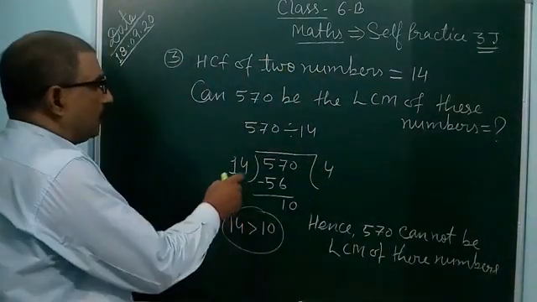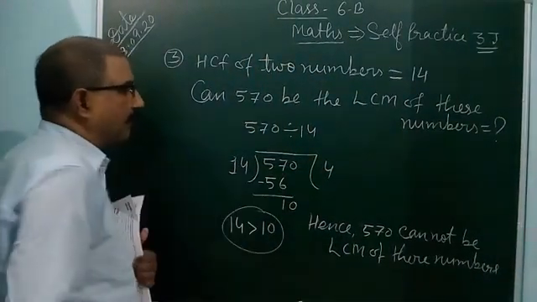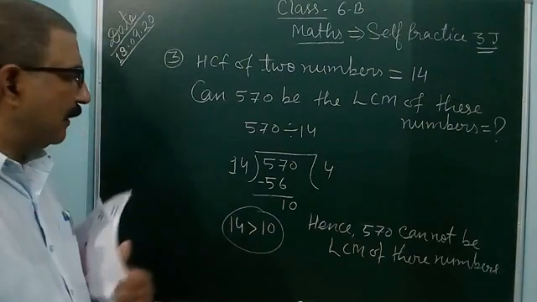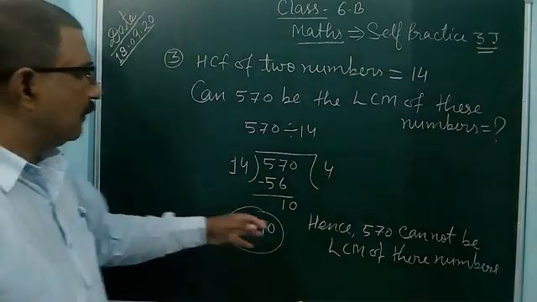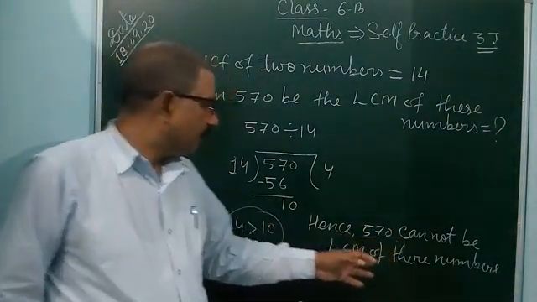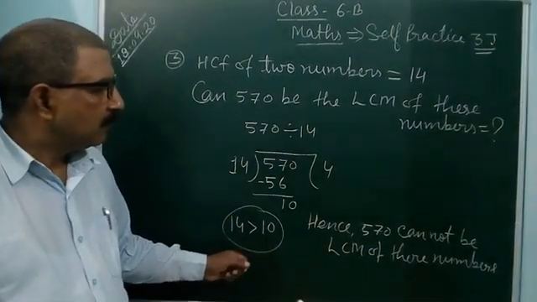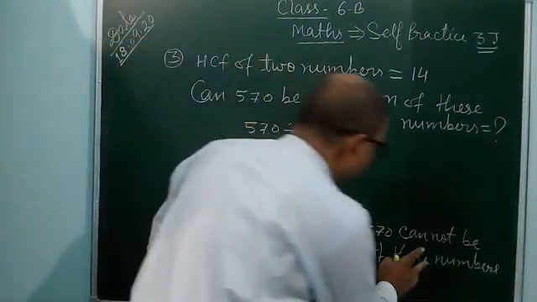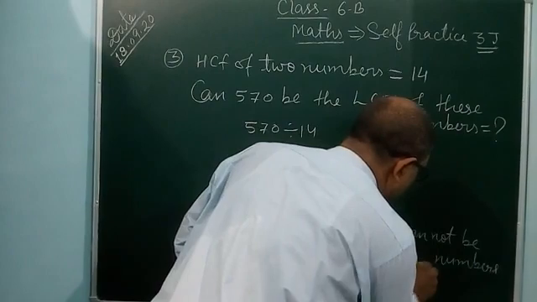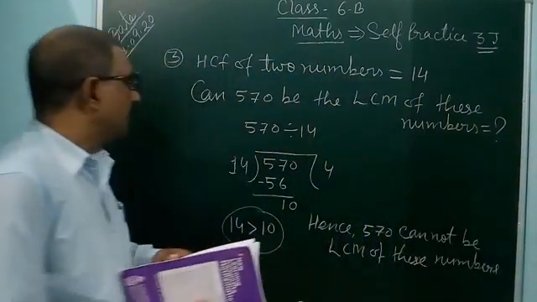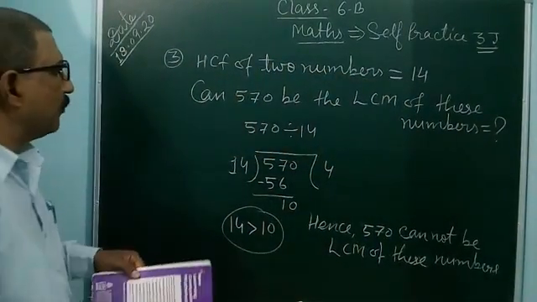If 14 divides 570, then it is possible that 570 can be the LCM of these numbers. But here 570 is not divisible by 14.